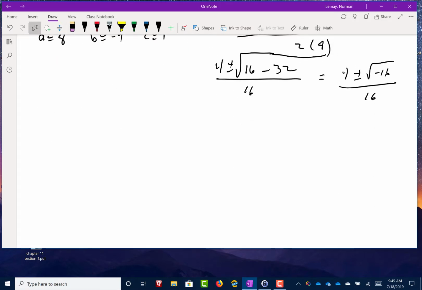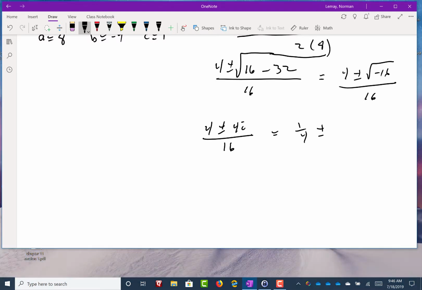And the square root of minus 16 is 4i, so we get 4 plus or minus 4i divided by 16. To put it in the form that we need, 4 over 16 is 1/4, plus or minus 4i over 16, which is 1/4 i. So our two imaginary solutions are 1/4 plus 1/4 i and 1/4 minus 1/4 i.